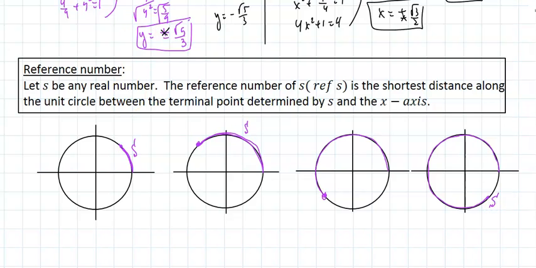Well, if I draw my angle from the origin to wherever s terminates, the reference of s is actually always the angle between the terminal point and the x-axis.